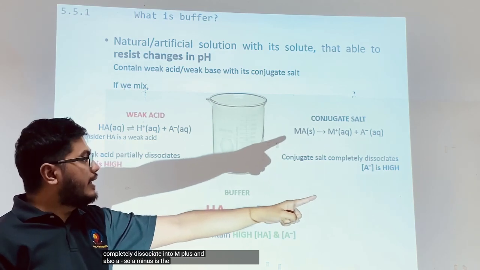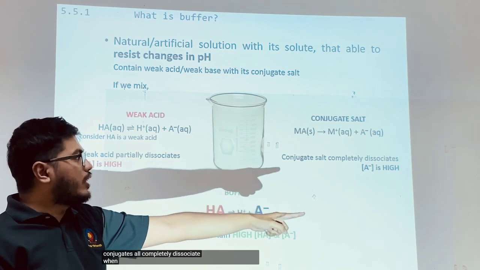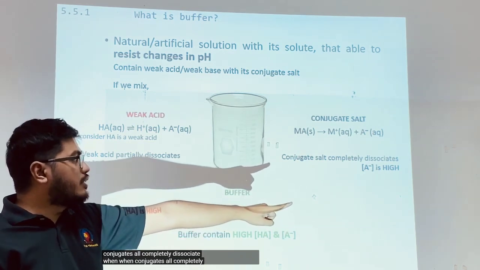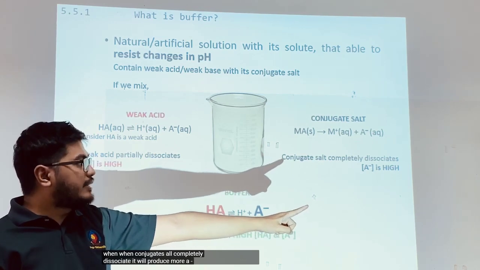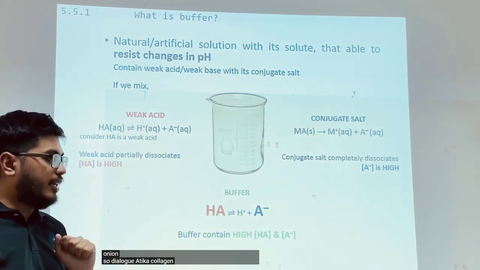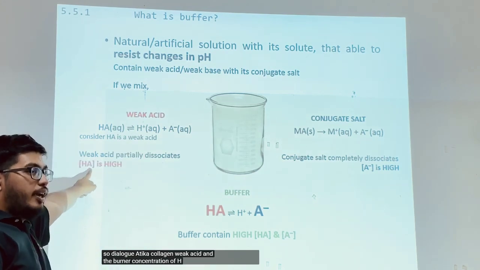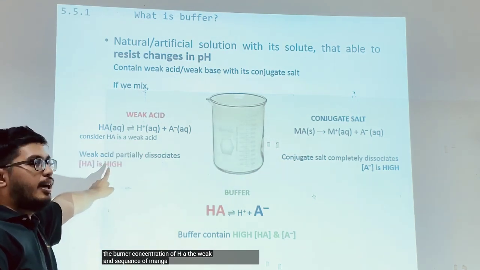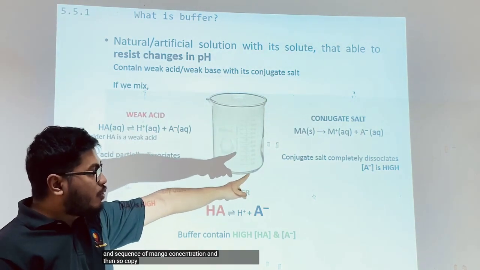So A minus is the salt. So conjugate salt completely dissociates. When conjugate salt completely dissociates, it will produce more A minus ion. So dalam erti kata lain, weak acid ada banyak concentration of HA, the weak acid itself banyak concentration. And then salt completely dissociates.